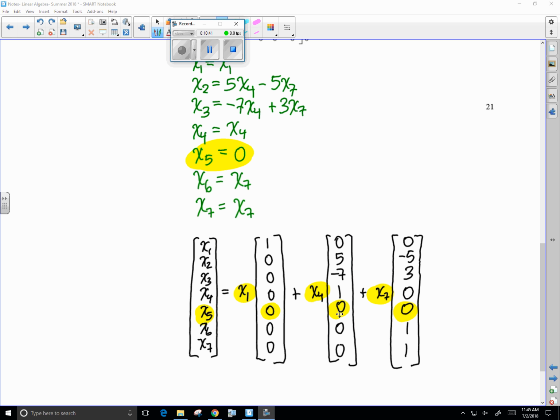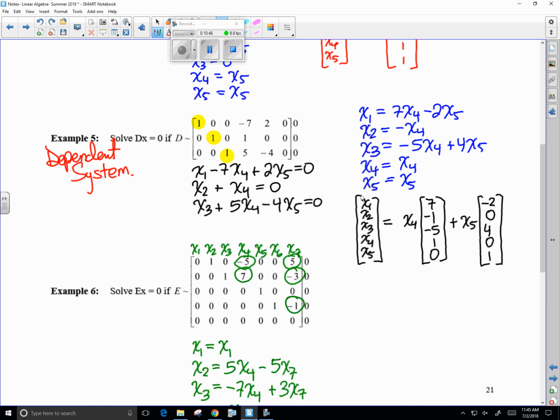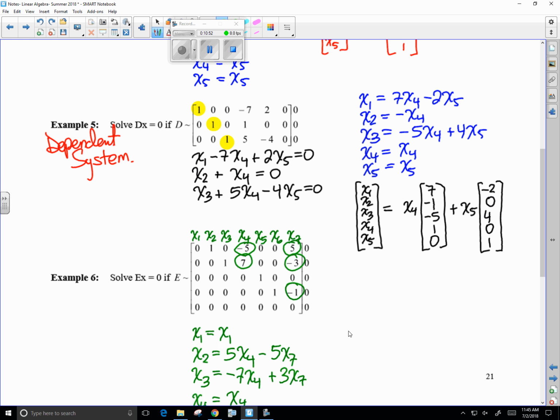Example 5, do you need to do the same thing with x6 that you did with x1? Did I miss x6? Ah, crikey. There's 6 columns. Thank you. I guess I'm not done with that video. x6 equals x6, right?